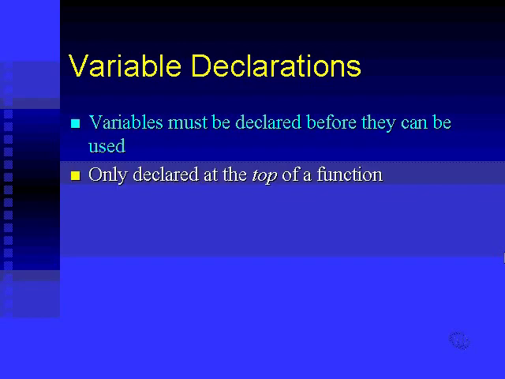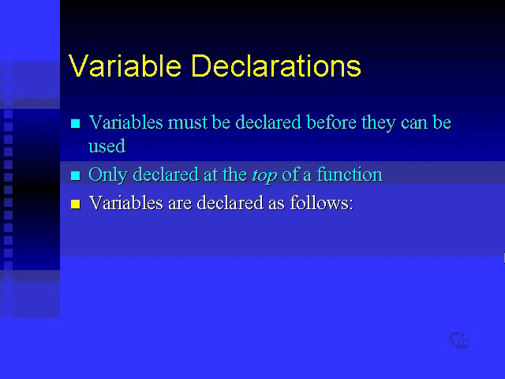Also, you must declare variables at the top of a function. This means that you cannot arbitrarily declare a variable just before you're going to use it halfway down a function. You'll get a compiler error if you do. So just remember, if you get that error, to go and put the declaration back at the top of the function where it belongs. It's quite simple.